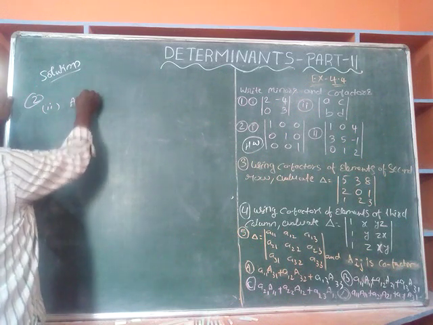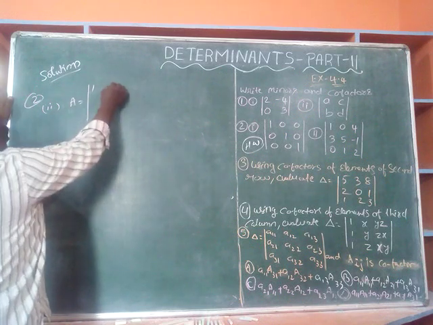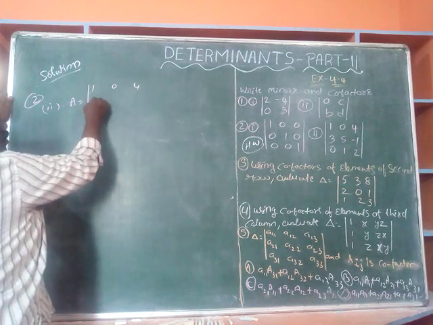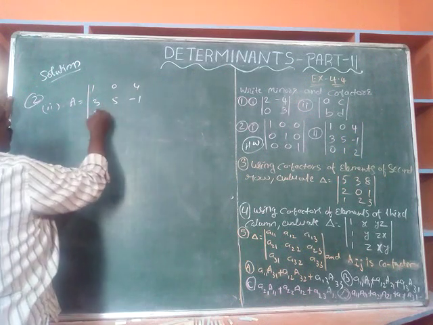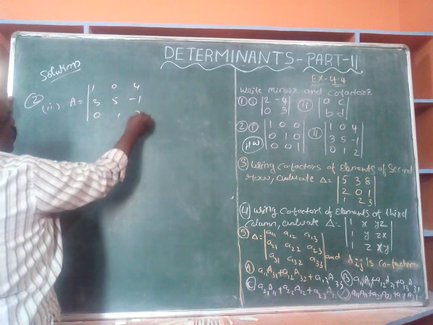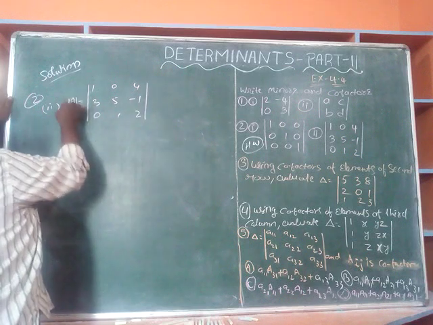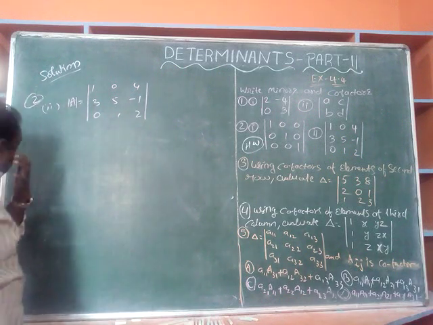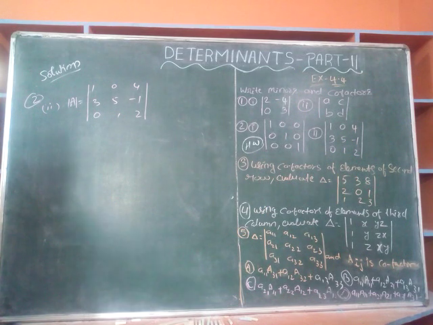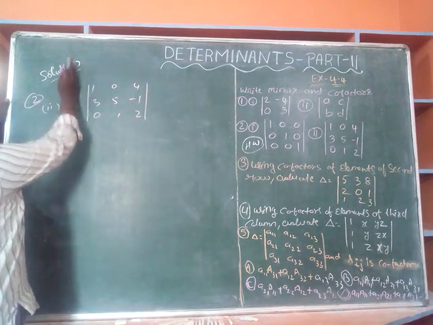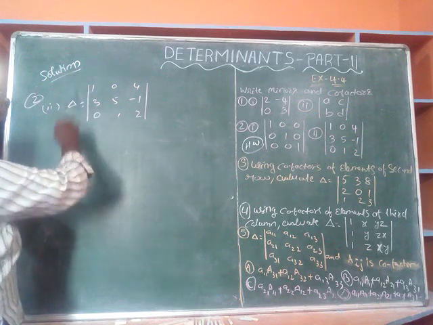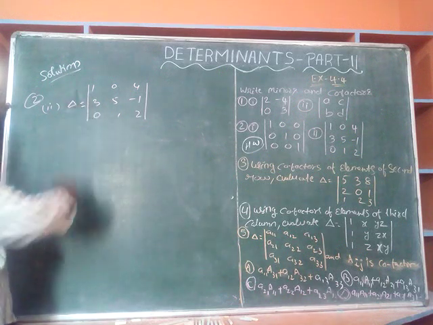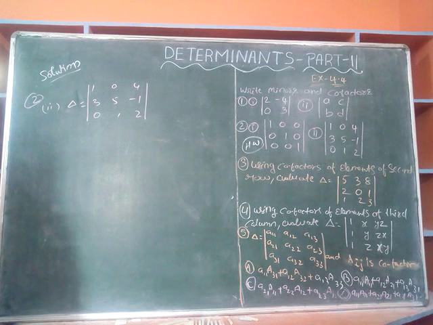Capital A is the determinant 1, 0, 4, 3, 5, -1, 0, 1, 2. You may write it as modulus of A, det A, or delta also. Very simple, delta. For this one, we have to find the minor and cofactor.